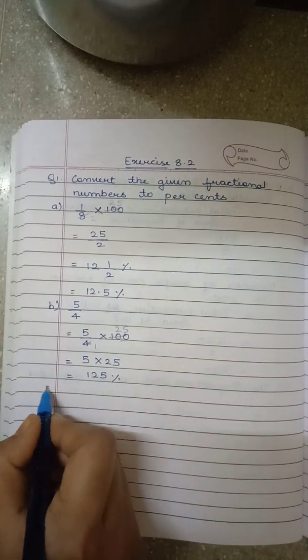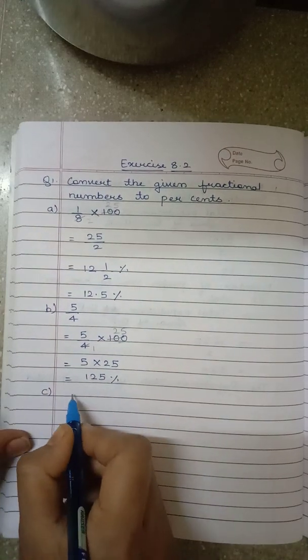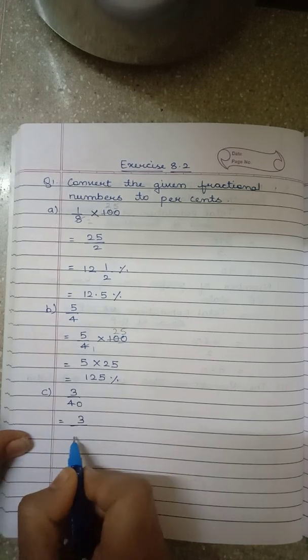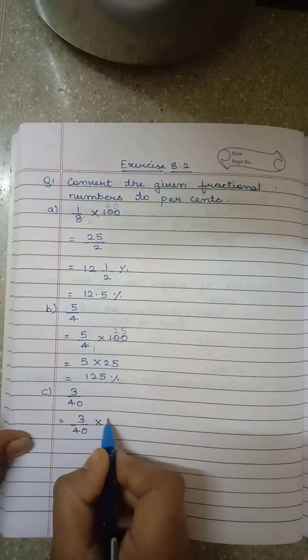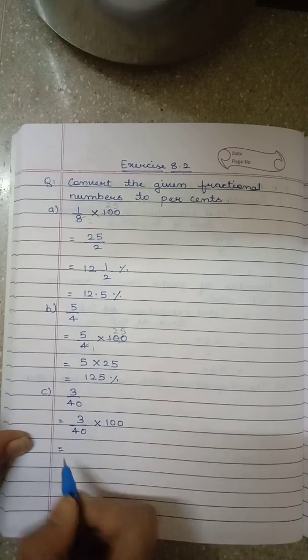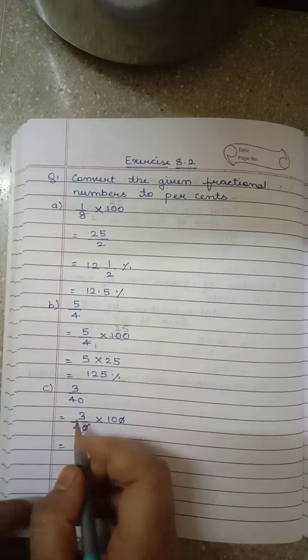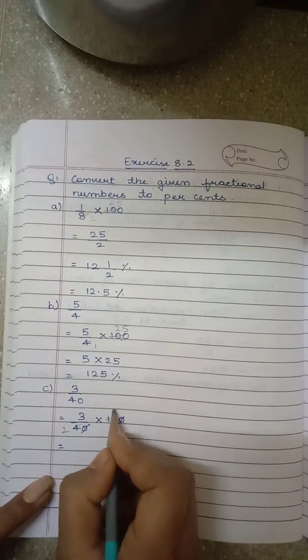Then the next one, C, is 3 by 40. To convert 3 by 40 to percent, again you have to multiply by 100. Here 0 will get cancelled. Then 2 2s are, 2 5s are.